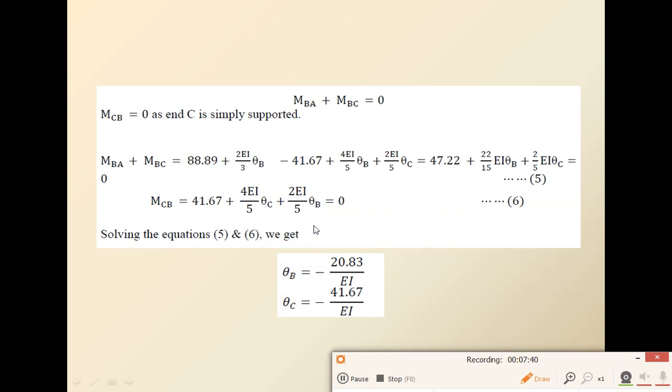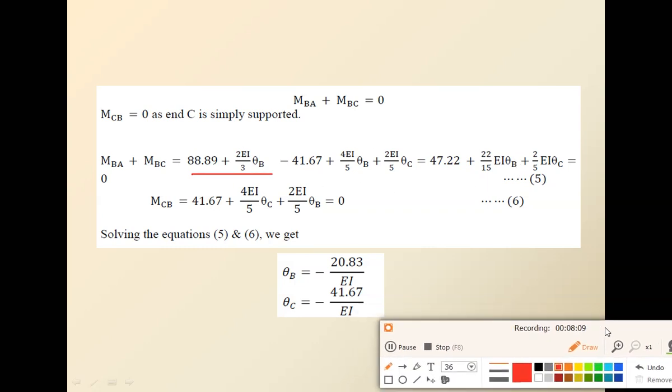You can find the unknown rotations by solution of simultaneous equations. So you substitute all the slope deflection equations in the equilibrium equations. Like MBA, already we have MBA as 88.9 plus 2EI by 3 into theta B. You substitute that in this, and finally you will get a long equation.